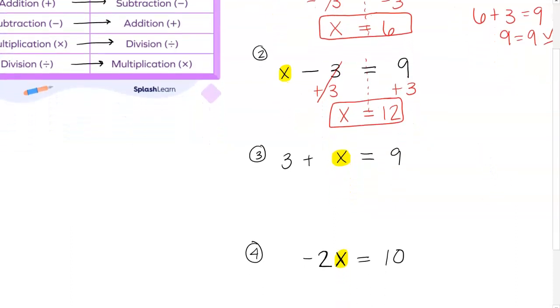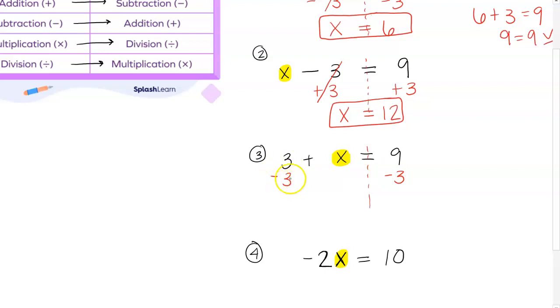Now the order in number 3 looks a little bit different. Here we can see that the x is closer to the equal sign, but we still have this 3 that's being added to the x. Since the 3 does not have a sign in front of it, we can understand that the 3 is positive, and we want to undo this positive 3 by subtracting 3 to the other side.